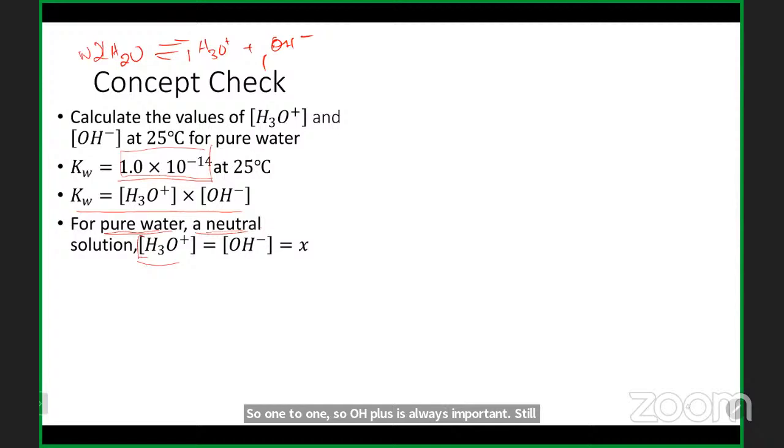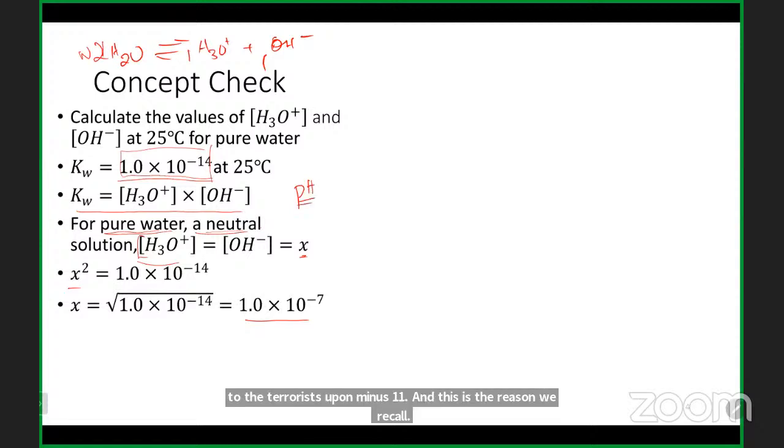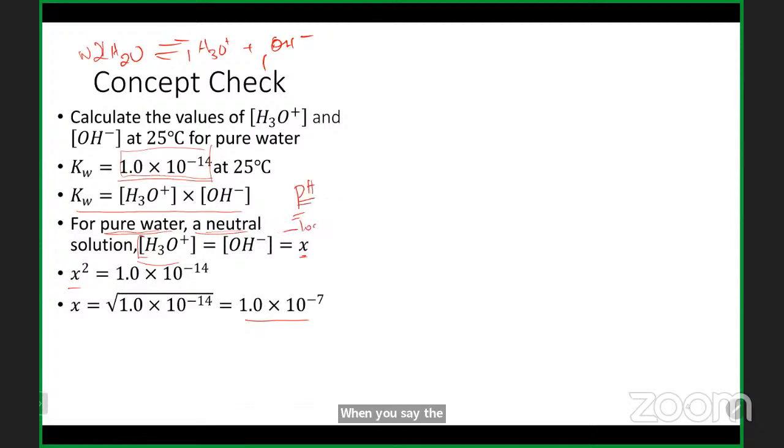If you represent that by X, then X squared is equal to that, and solving for the square root, we have X equal to 10 raised to the power minus 7. And this is the reason, if you recall, that pH is minus log of H3O plus, which will give you 7. That's why the pH of pure water is 7.